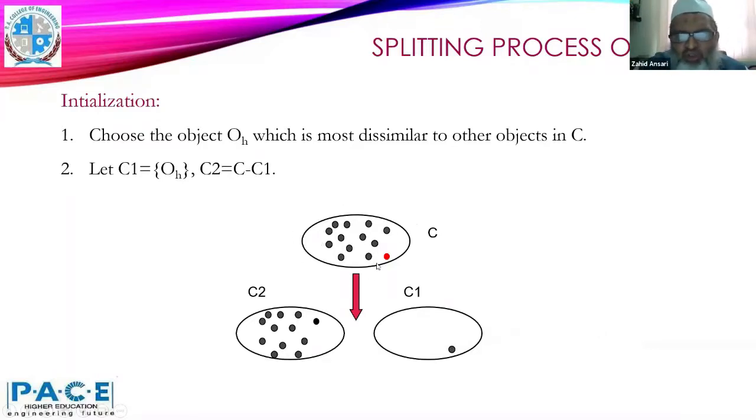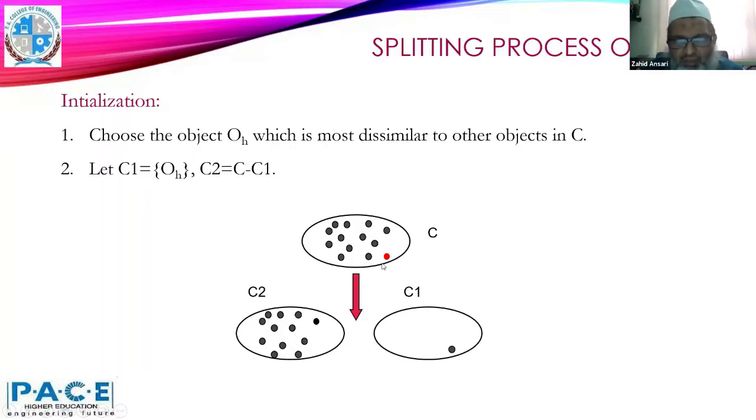Then we try to locate an object which is very different from the other objects, say an object whose distance is maximum from the center, or based on some other criteria. We put that object into another cluster. That is the most probable candidate to be separated.